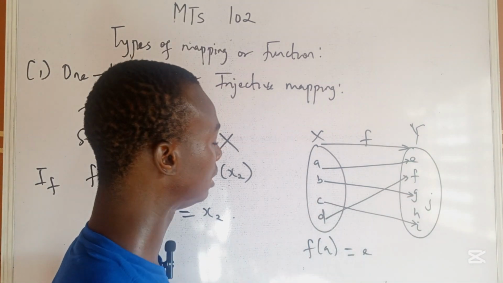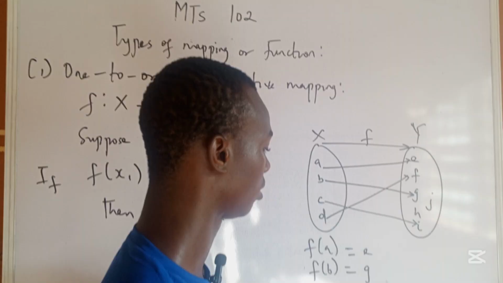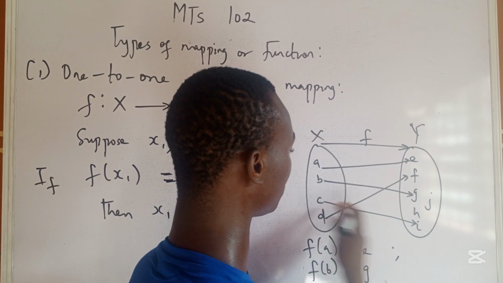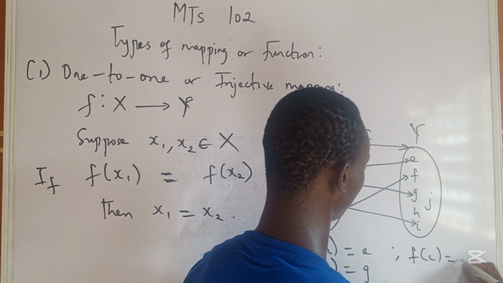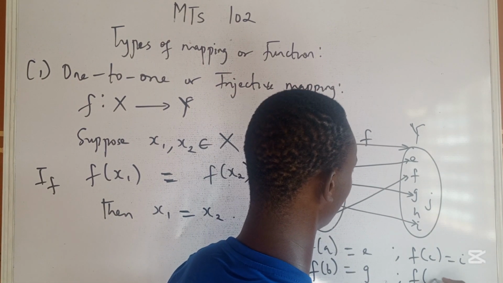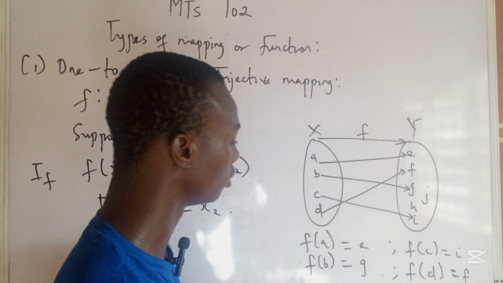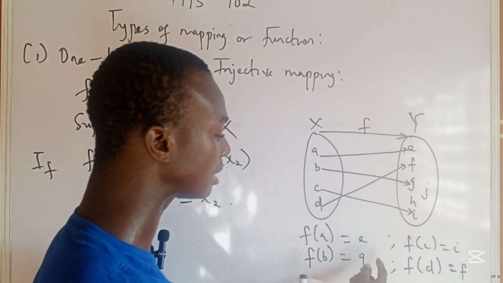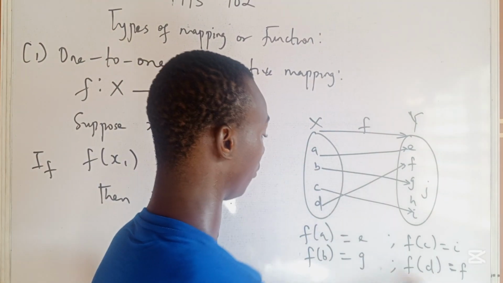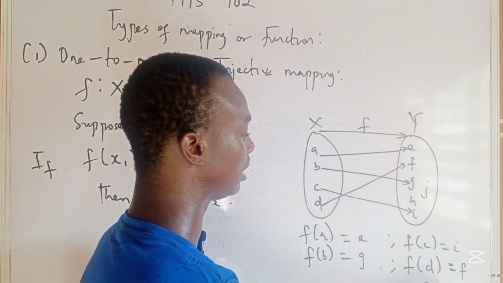B has image g, so f of b equals g. The image of c, f of c, equals i. The image of d, f of d, equals f.